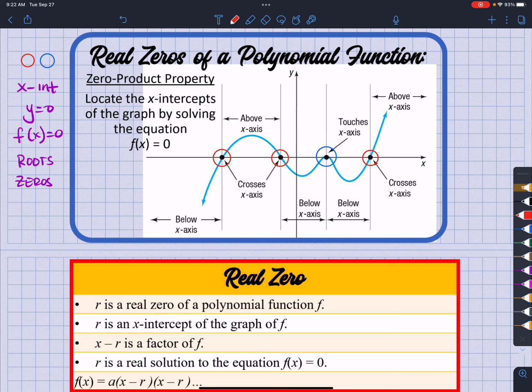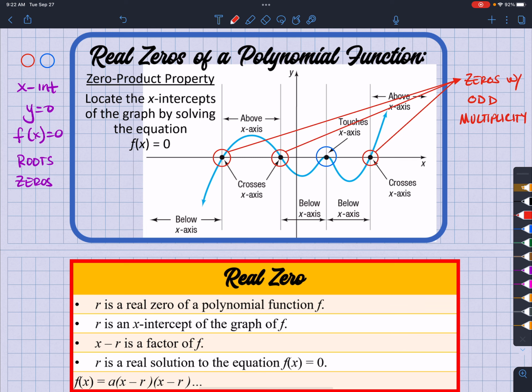So what I'll tell you is this. Let me put it this way. Let me draw an arrow here. Draw an arrow here. And draw an arrow here. Okay, so all 3 of these are going to be zeros with odd multiplicity. Okay, so these are zeros with odd multiplicities.